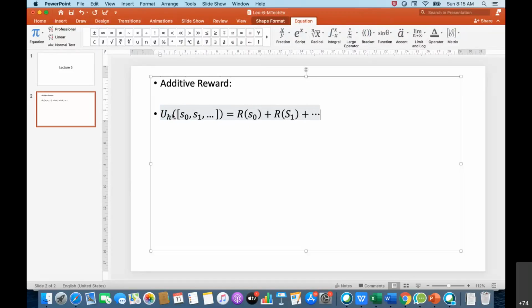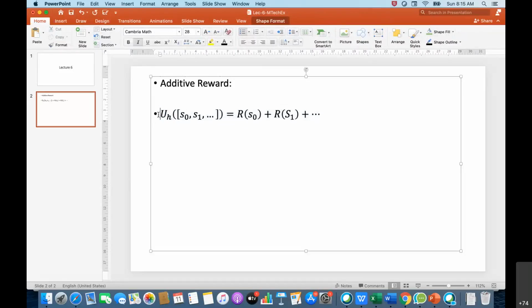So this is how the additive reward is computed.